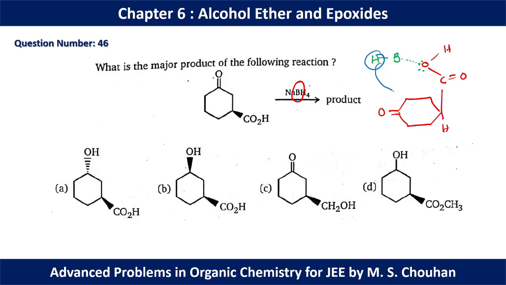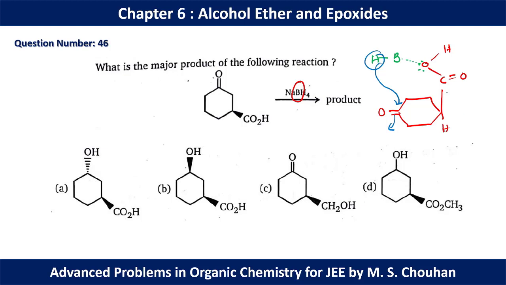So this H can easily be supplied from above the plane, and this OH bond will be below the plane. So if the carboxylic acid or any electron donating group is present above the plane, then the OH group will be below the plane.